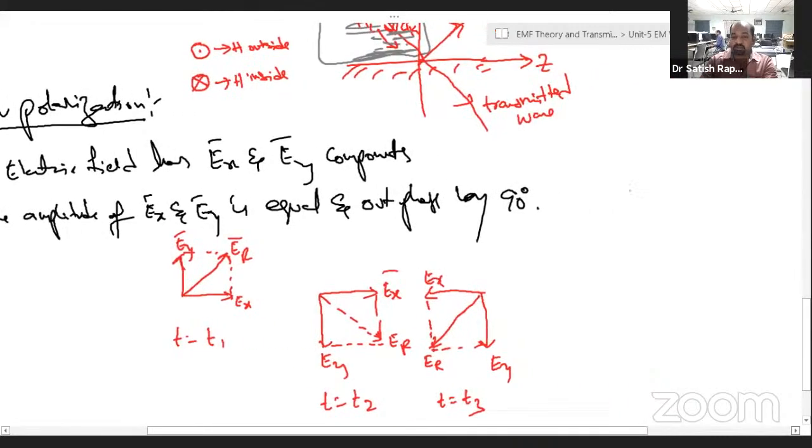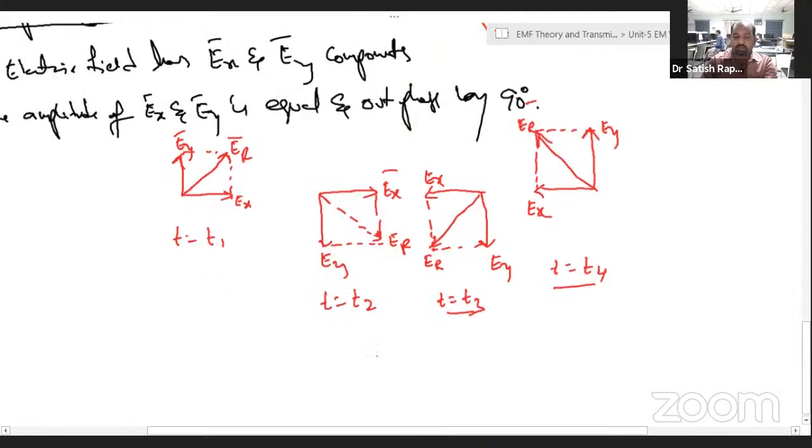Similarly at t equals t4, again this is Ex and this is Ey, then the resultant electric field ER, at t equals t4.